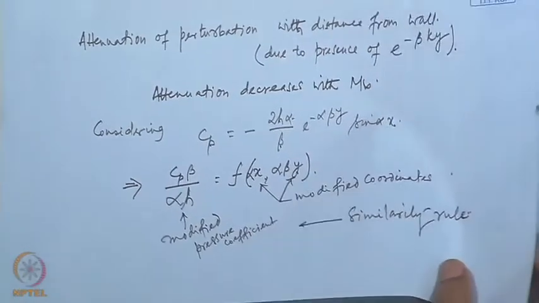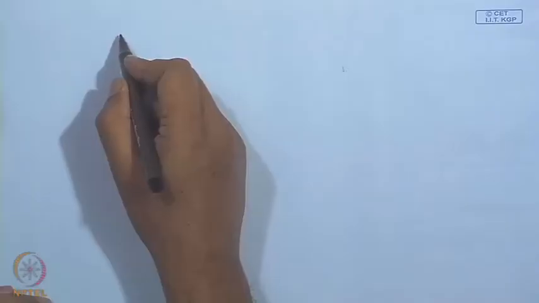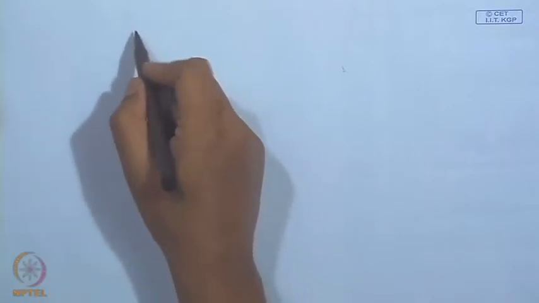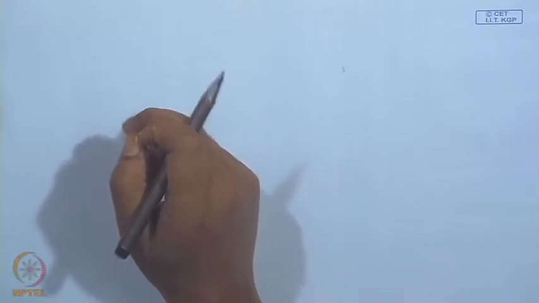We can have some further insight, or further assumption, further result from this solution. First of all, our perturbation velocities are such that u by u infinity and v by u infinity are small.